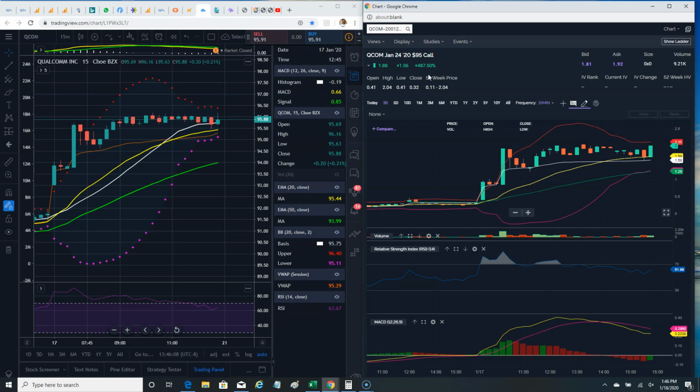And the 96 calls followed suit, obviously, because the stock actually went to $96 eventually, very late into the session. Look at it here. Qualcomm is trading at 96.14. It closed at 95.88, but you're hitting 96 the first time here at 1 p.m. Eastern.